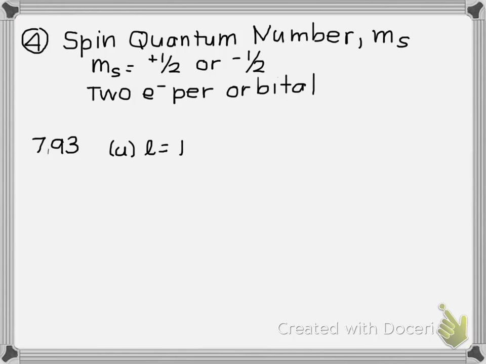So we know the letter code for L equals 1 is a P. Remember, L equals 0 is an S, L equals 1 is a P, L equals 2 is a D, L equals 3 is an F. Letter B asks, what is the letter code for L equals 3? And so L equals 3 designates an F. Remember, L is the secondary quantum number and represents the subshell.